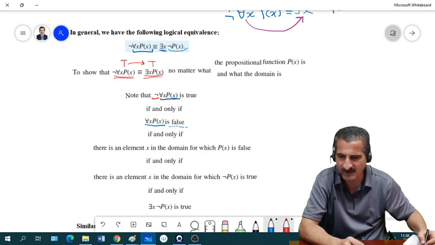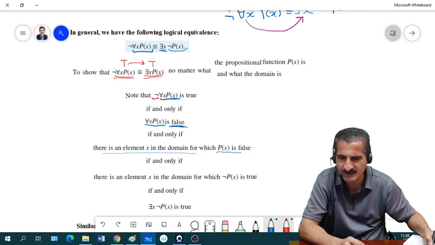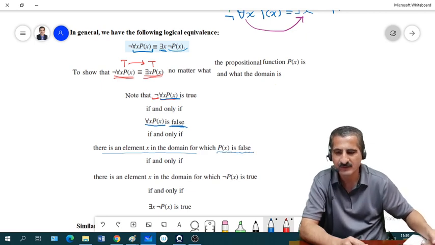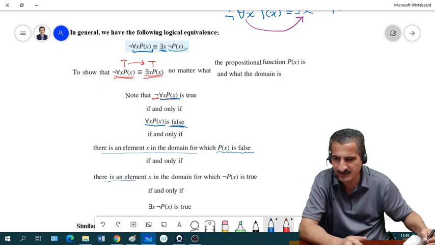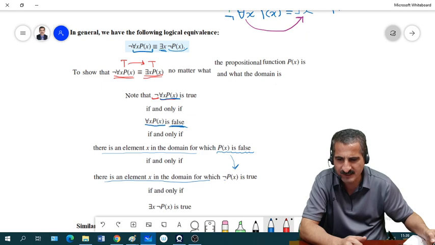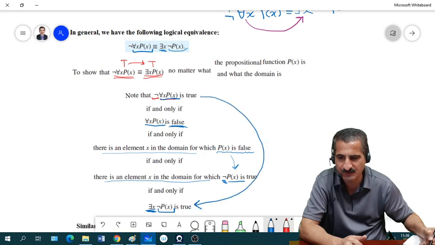So having this false means there is x in the domain such that p of x is not happening. Good. Now p of x is false means the negation of it is true. So there is x such that the negation is true. So we started from this to be true and we ended with this to be true.